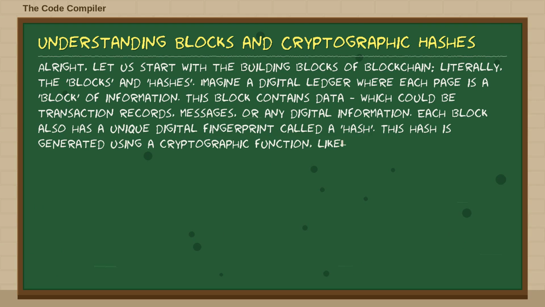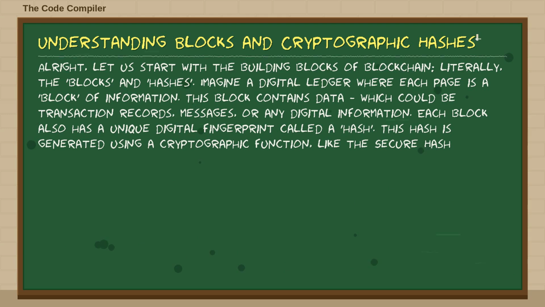This hash is generated using a cryptographic function, like the Secure Hash Algorithm 256, or SHA-256. If even a single character in the block's data changes, its hash will completely change, making it incredibly sensitive to alterations. Our Java block class demonstrates this.